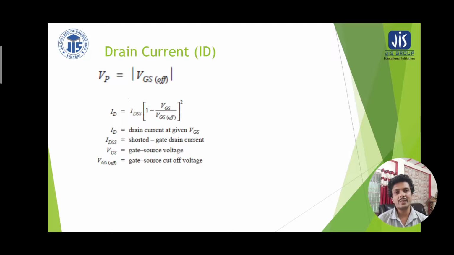Similarly, for the p channel JFET, the gate region is n type, so we need to apply a positive voltage to the gate terminal so that the channel will be reverse biased, and extreme reverse bias voltage causes the depletion region in the channel to be fully occupied, and therefore none of the majority charge carrier will be able to flow from source to drain, though the drain is applied a sufficient amount of voltage.